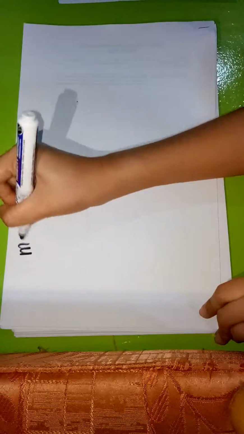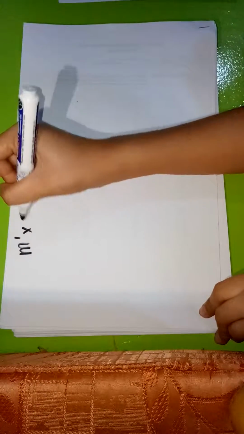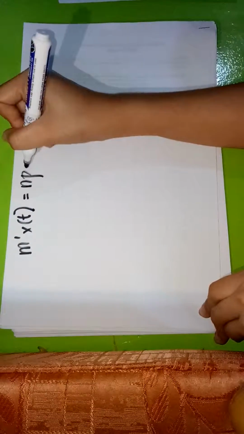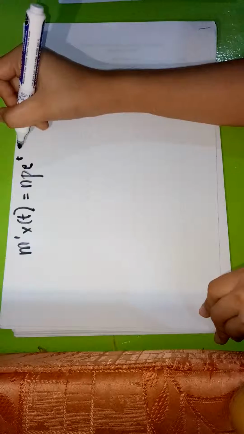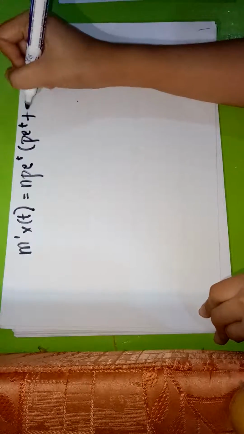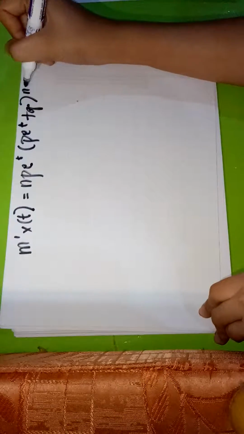So our first derivative is equal to np e to the t times quantity p e to the t plus q, to the power of n minus 1.